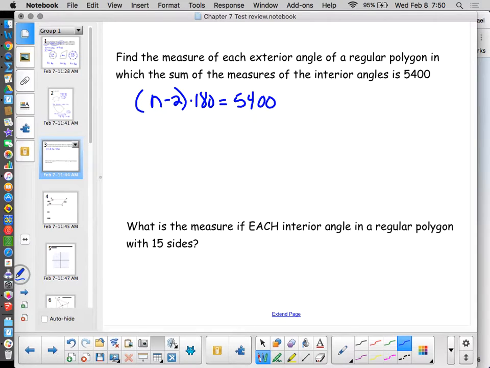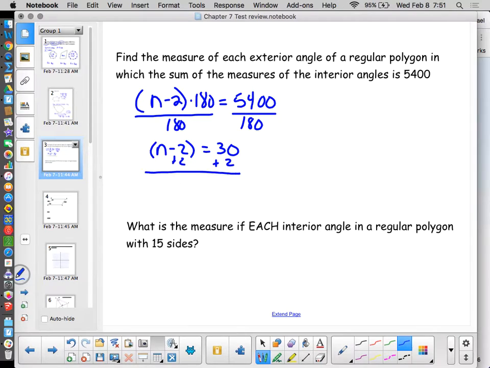How can I solve that? Well, I can divide both sides by 180. It's an algebra problem. And 5,400 divided by 180 is 30. So n minus 2 is 30, but I have to add 2. So n, there are 32 sides. That's not the answer to my question. That's just figuring out how many sides there are so I can answer my question.